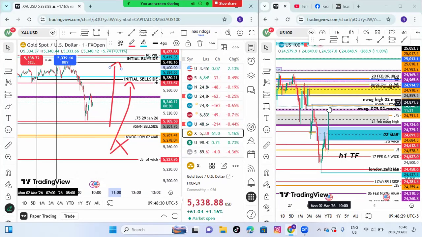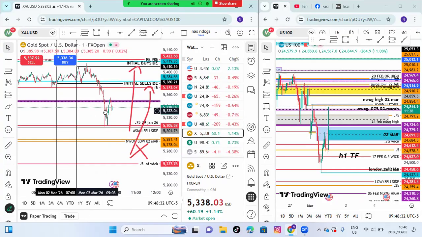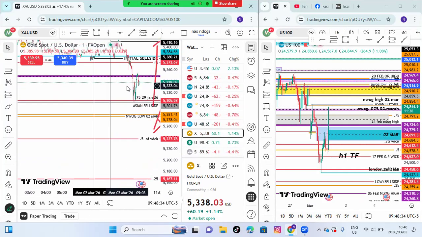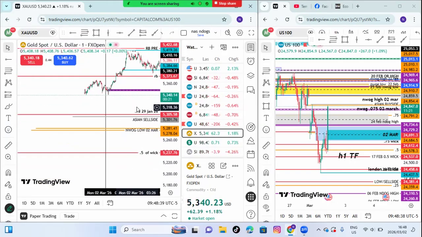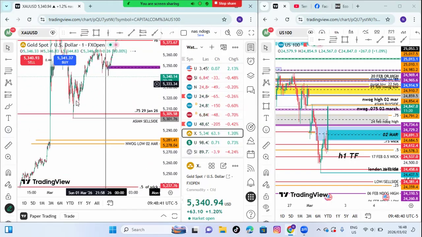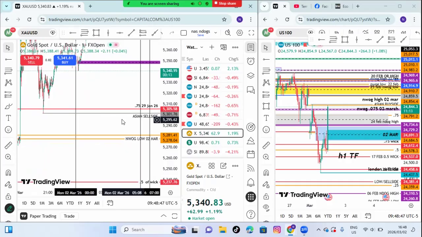Okay, the Nasdaq seems like it wants to go there. Here we're going to wait. Come on. Initial sell side, yeah, Asian sell side, initial sell side there.